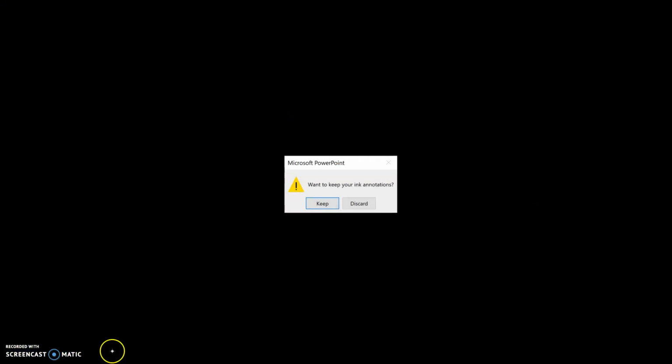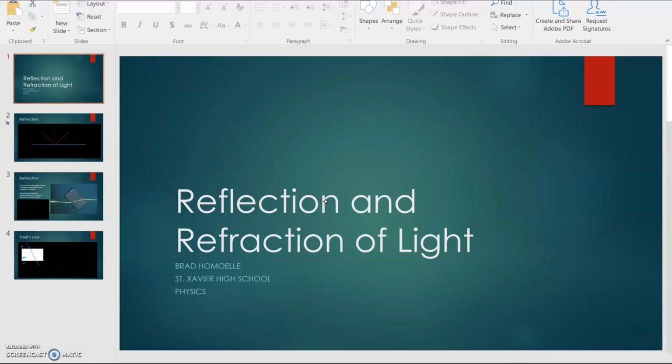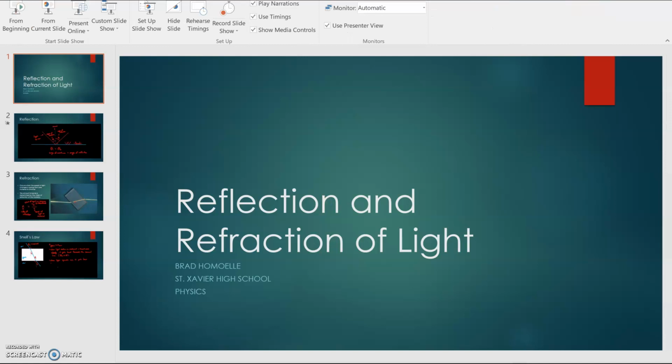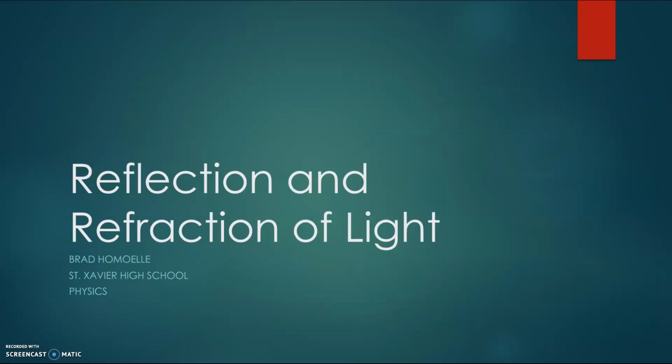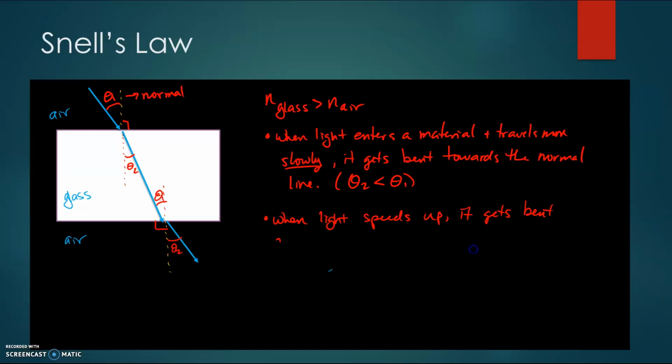Sorry, I'm going to have to go back here. Sorry about that, technical issues. Okay, so when light speeds up, it gets bent away from the normal. We can see that as it's going from glass to air.